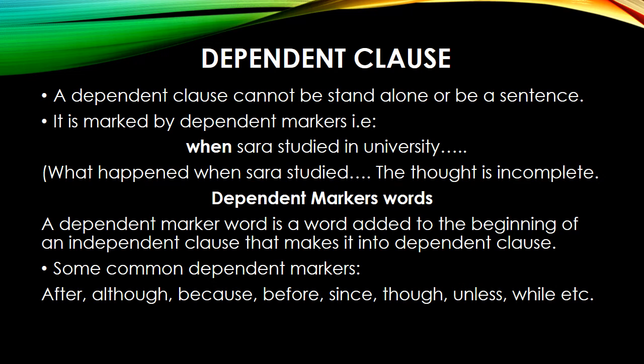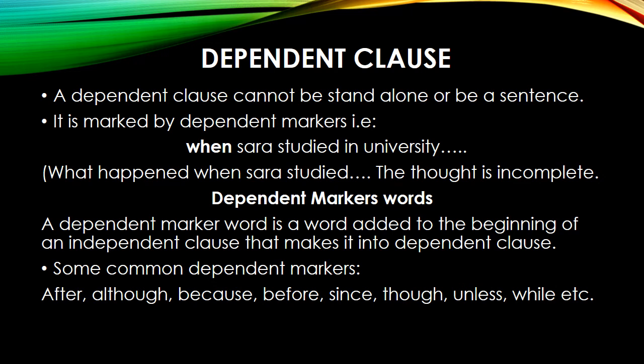This is the independent clause. When we add the dependent marker when to the independent clause, it becomes a dependent clause. So a dependent marker is a word that is added to the beginning of an independent clause that makes it into a dependent clause.